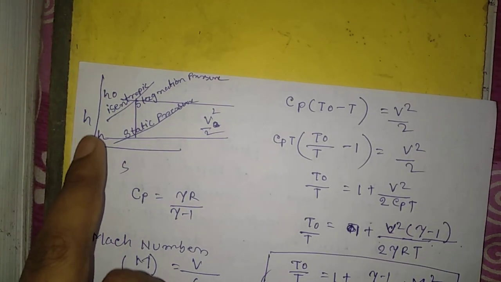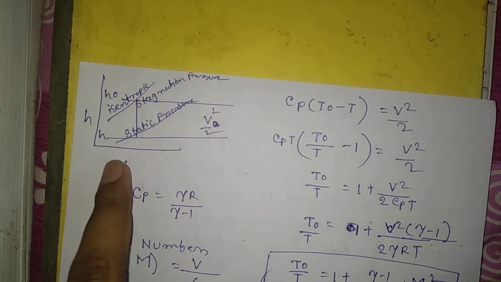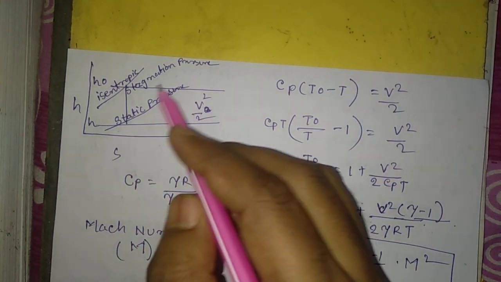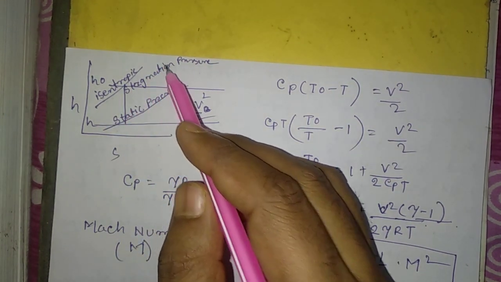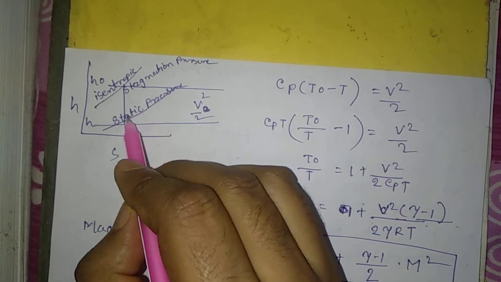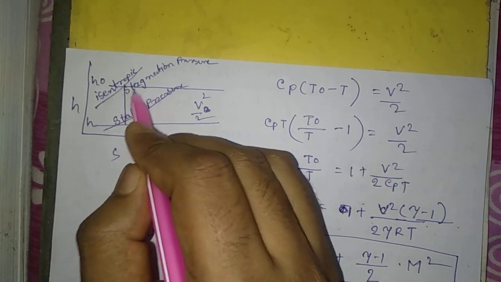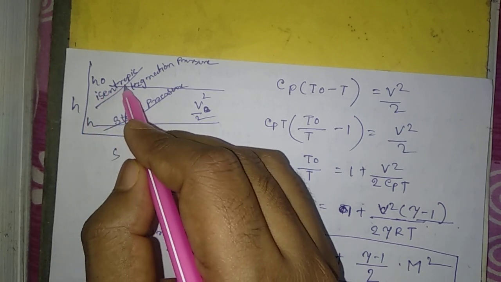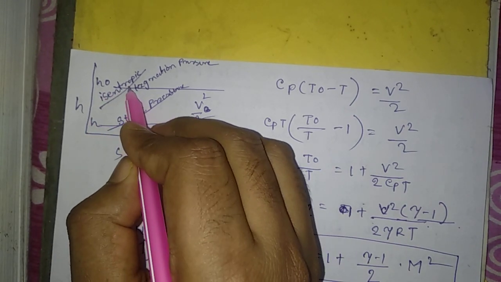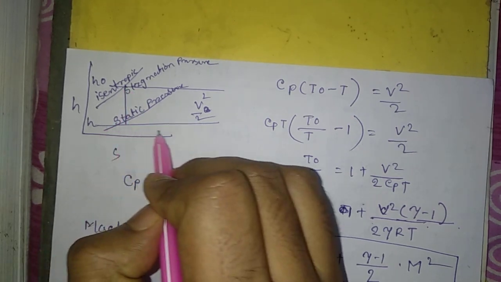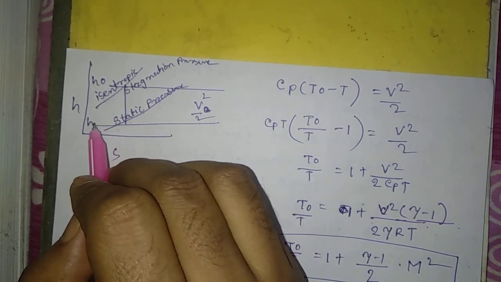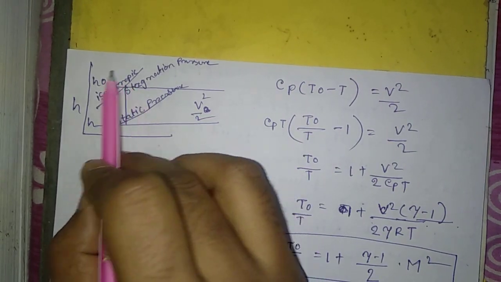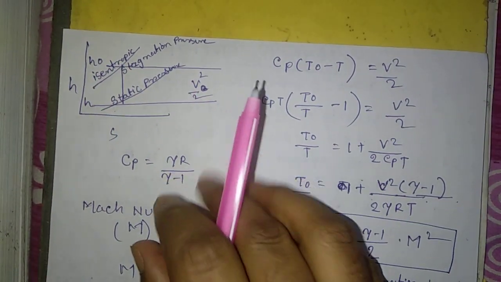Suppose this is your h-s diagram, in which this is the static pressure line and this is the isentropic stagnation pressure line. So on this h-s diagram, if this point is h0 and this is h, with this as the reference line, then h plus V²/2 is equal to h0, which was already written in the previous lecture.